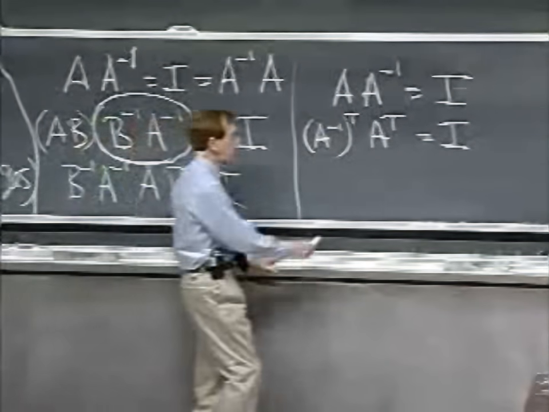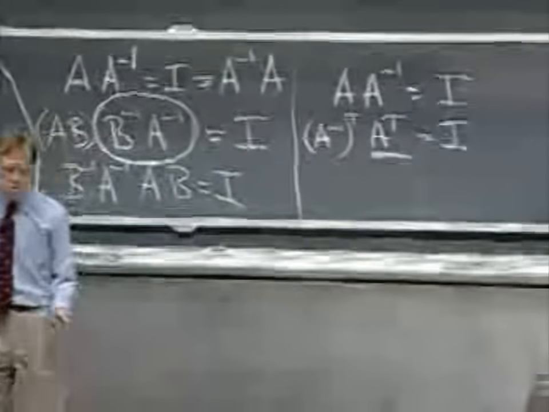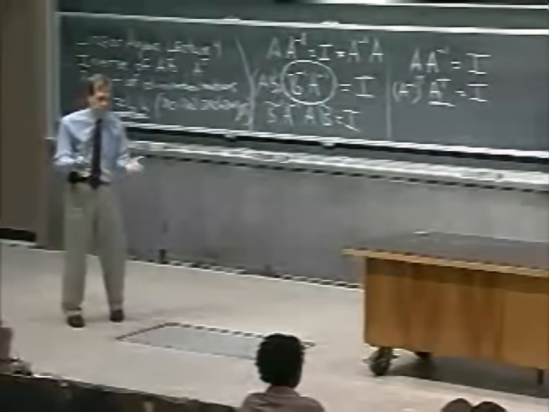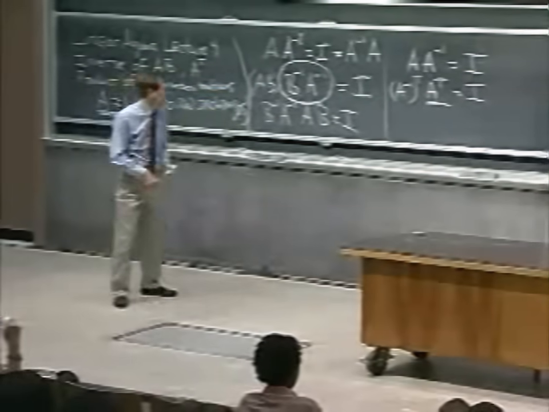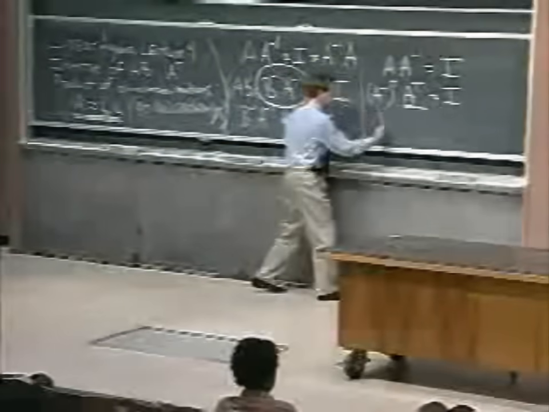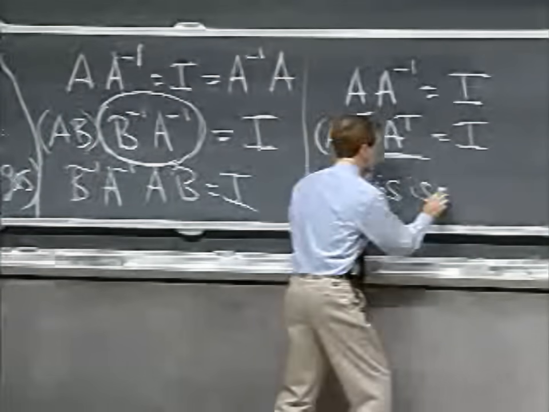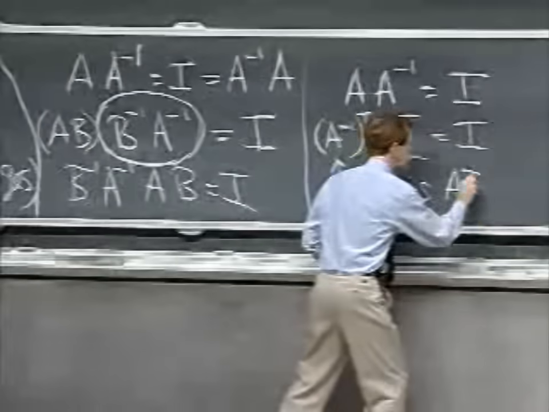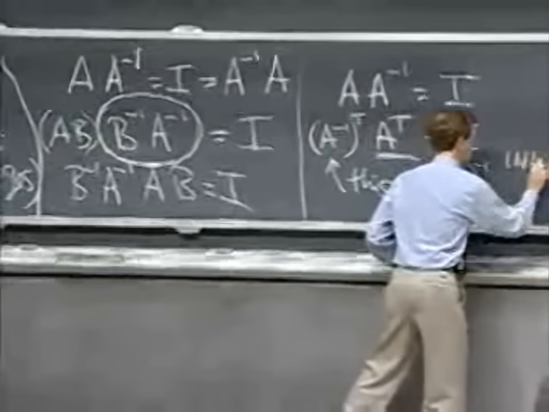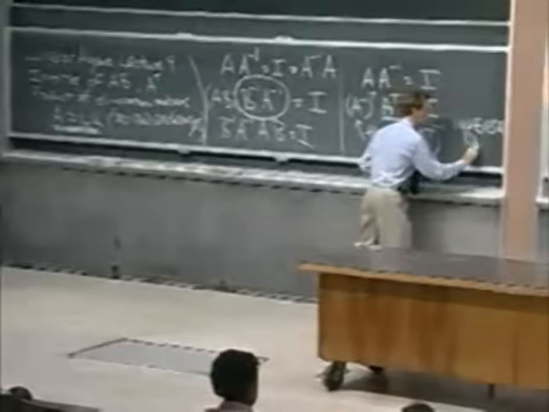Namely, what is the inverse of this guy, A transpose? If I transpose a matrix, what's the inverse of the result? And this equation tells me that here it is. This is the inverse of A transpose.